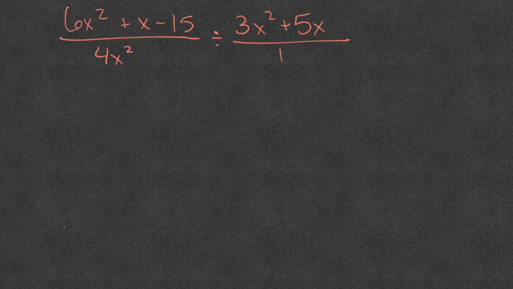Hopefully by now you are starting to look at what our excluded numbers are. What I mean by the excluded numbers are the ones that make it undefined. That would be this piece, and this piece. So, before we even get started, you could probably look at this problem and start pulling out where you're going to find them.